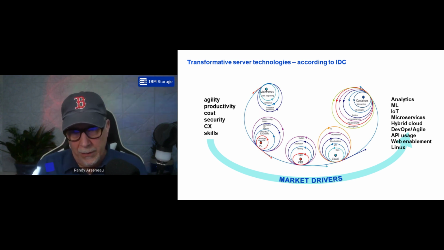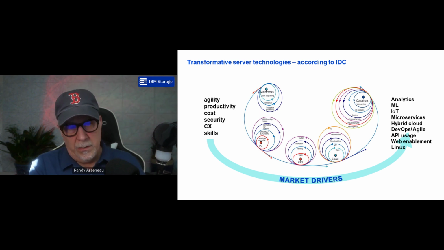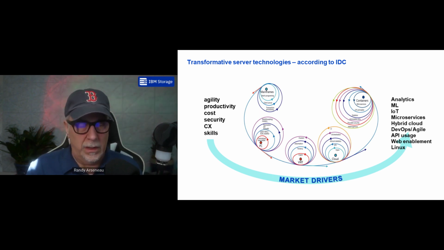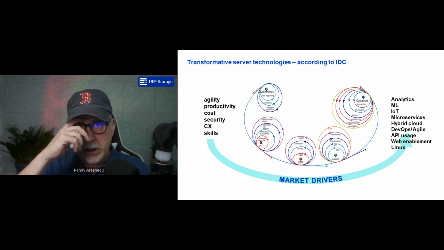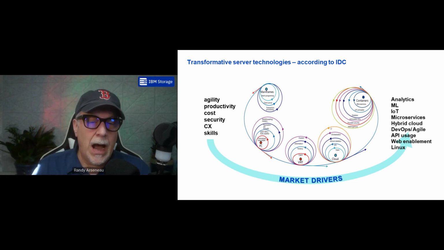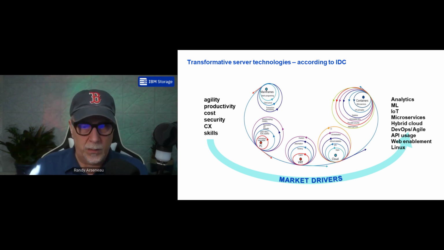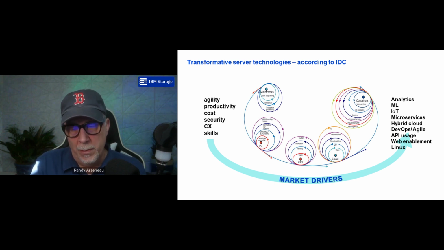And now we're evolving into containers and microservices being driven by some interesting trends. So not unlike the early days of the mainframe and distributed computing, where it was cost and productivity and time to market, as you move into the present day, it's being driven by, I would say, higher order requirements around analytics, machine learning, IoT, AI, the ability to deploy using DevOps and agile development and deployment models.